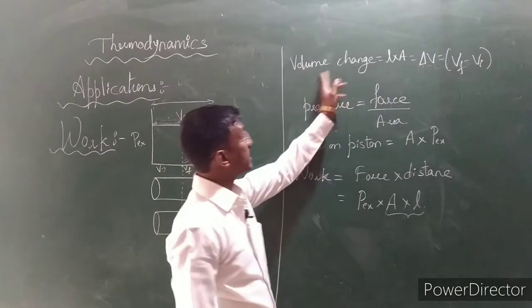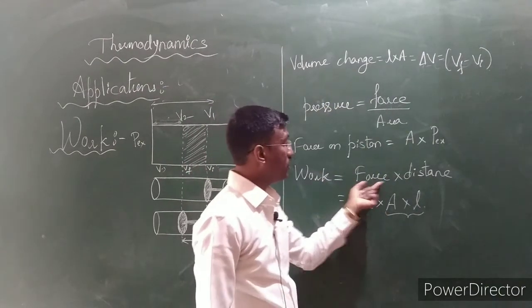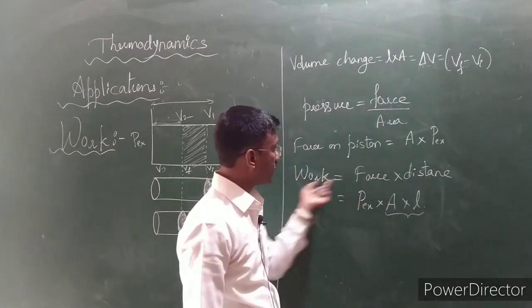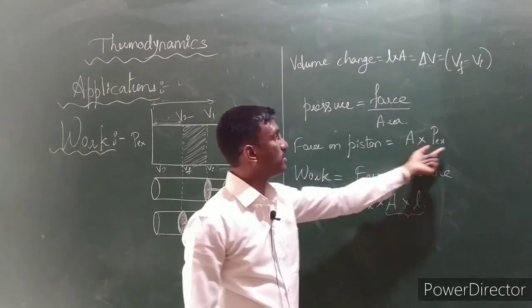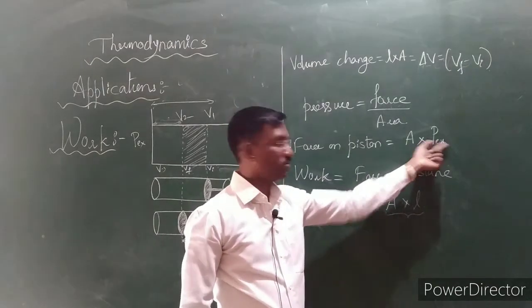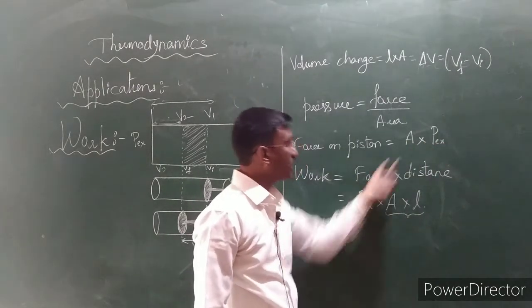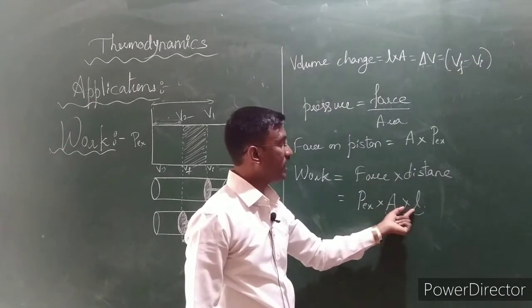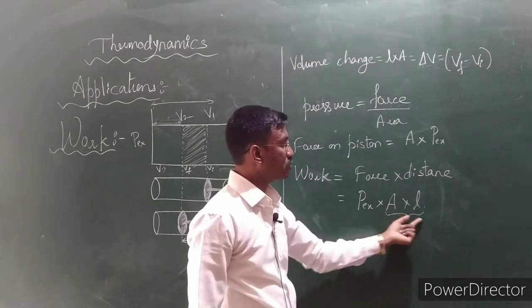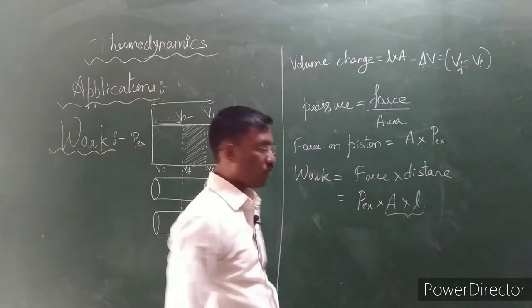Here I have not taken the change in volume yet. I have taken force into distance as work done. Force is A into external pressure, and A into distance L is the change in volume.